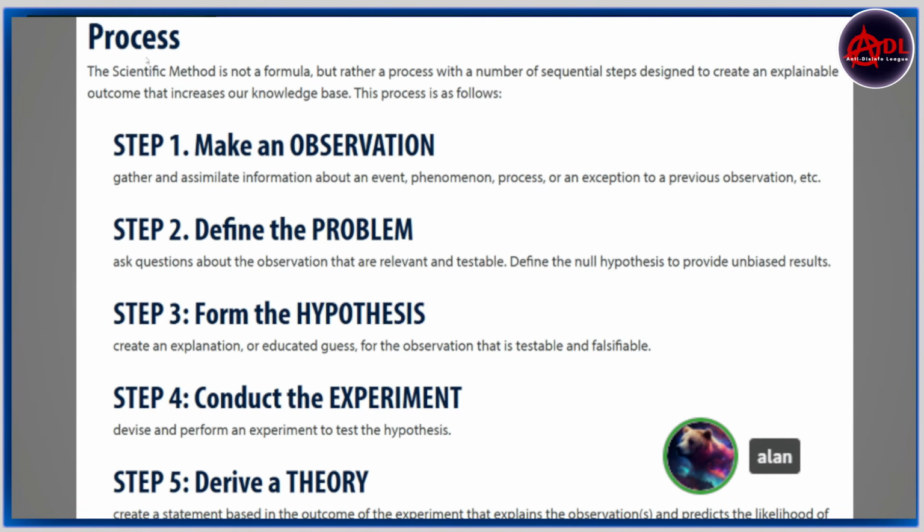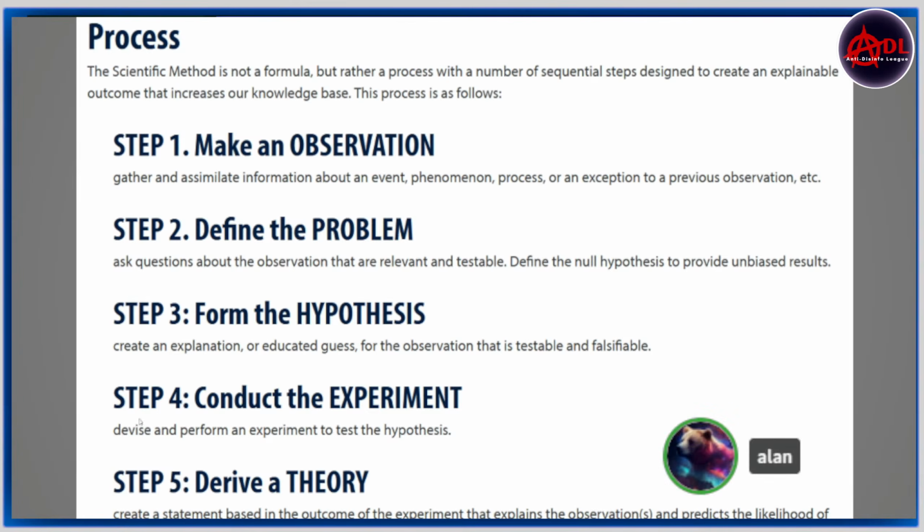So the process of the scientific method would be: step one, you make your observation of a natural phenomenon or an event, or what have you. Step two, define the problem. Ask questions about the event, and come up with ways to define a hypothesis for an experiment. Step three, you form your hypothesis based on everything that you were going over earlier in regards to the event and/or phenomenon.